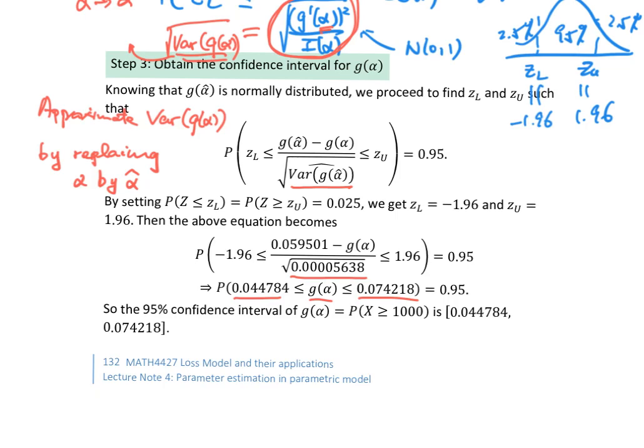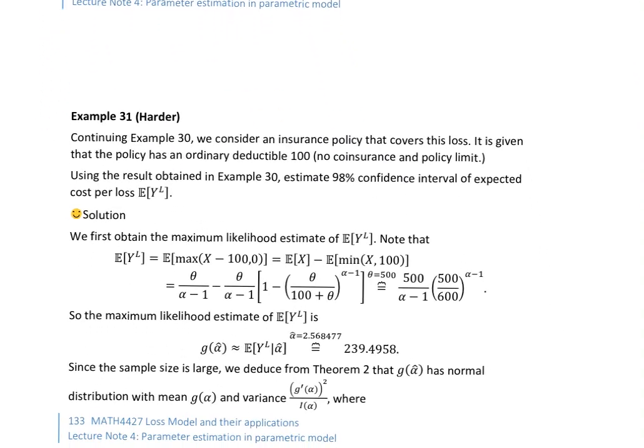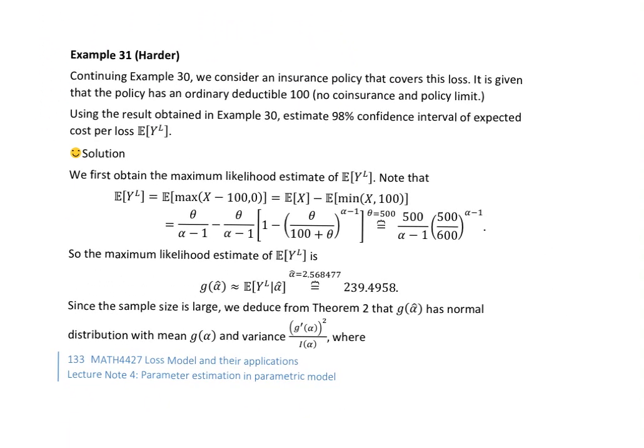Now let us look at one more example, which is just a continuation from the example 30. Here we use the same setup as in example 30, and we will try to study this problem. Suppose we consider an insurance policy that covers these losses in the traffic accident.